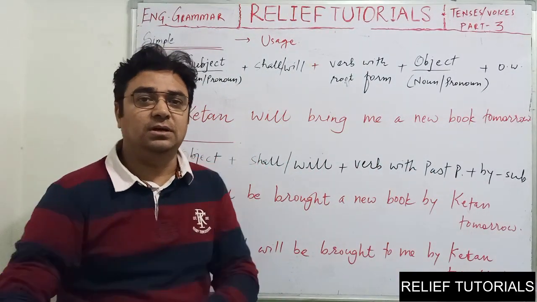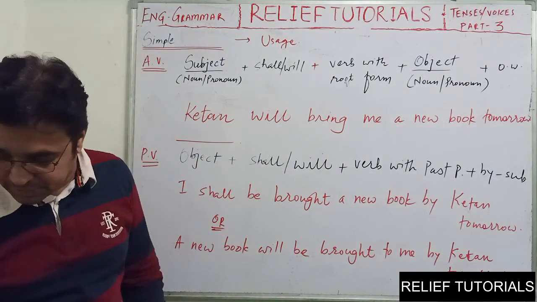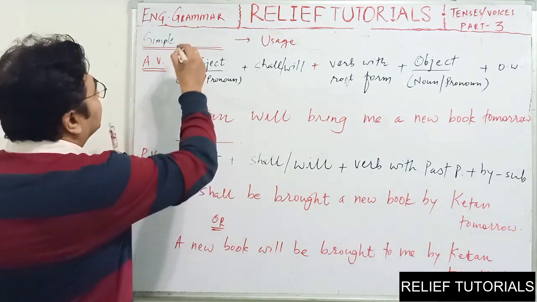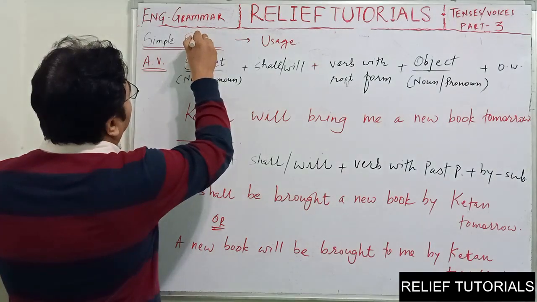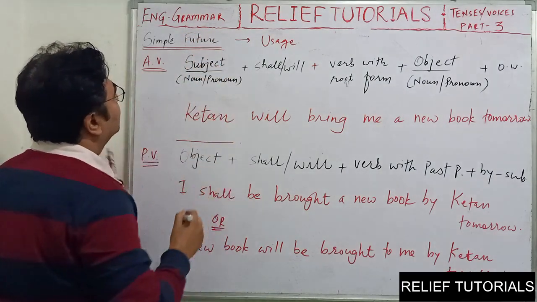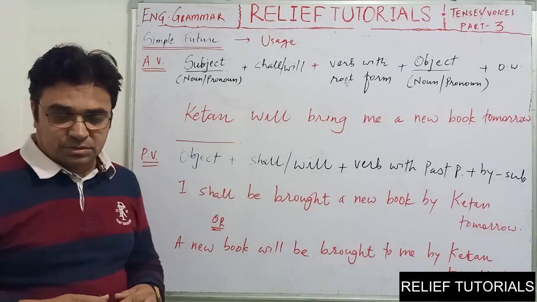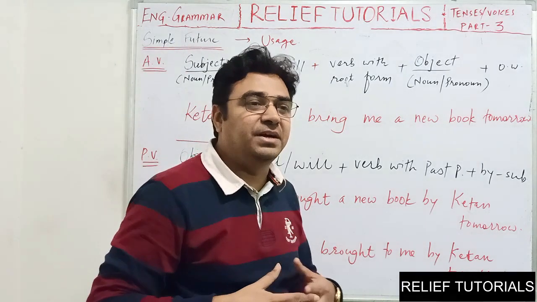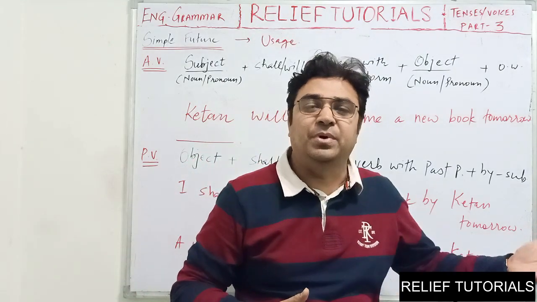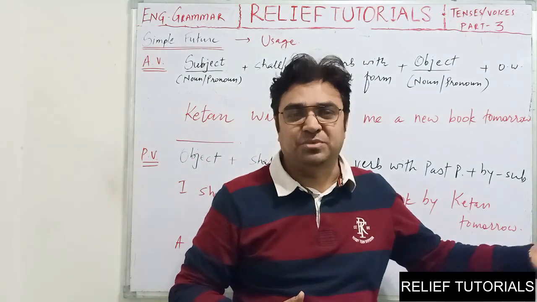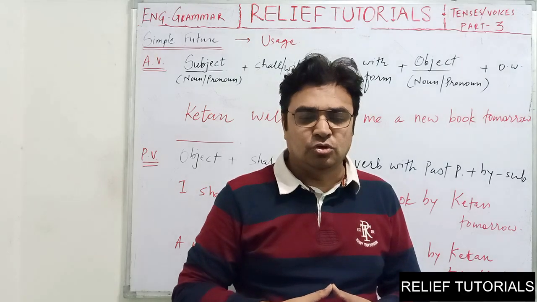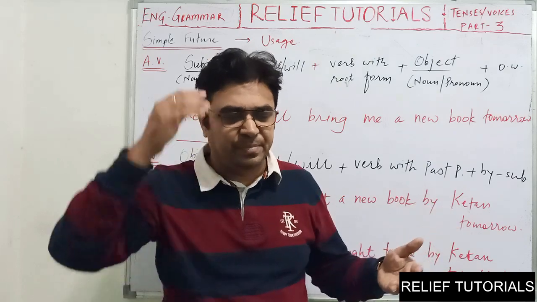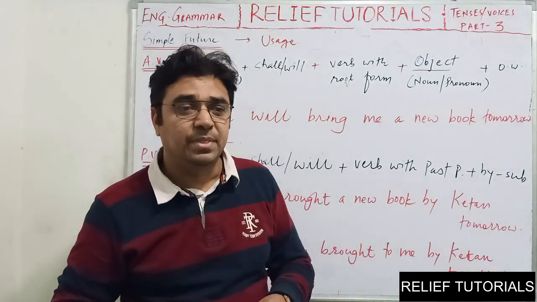Now friends, another simple tense, that is simple future. So this tense is used to indicate that an action will happen in the future at some time. Even future has a number of different situations, so we'll discuss those different situations later.